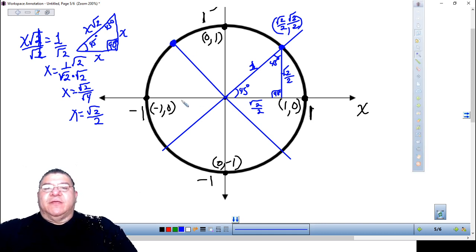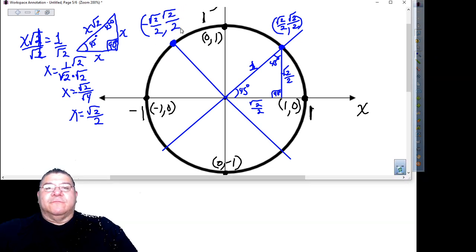Let's see. From here to here, what is this distance if this is also 45? Square root of 2 over 2, but now it's on the what side? Negative, so therefore this is negative square root 2 over 2, comma. What is the y value? Upward. Yeah, square root 2 over 2.